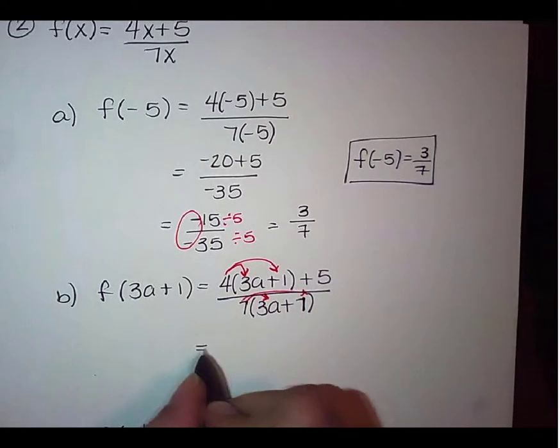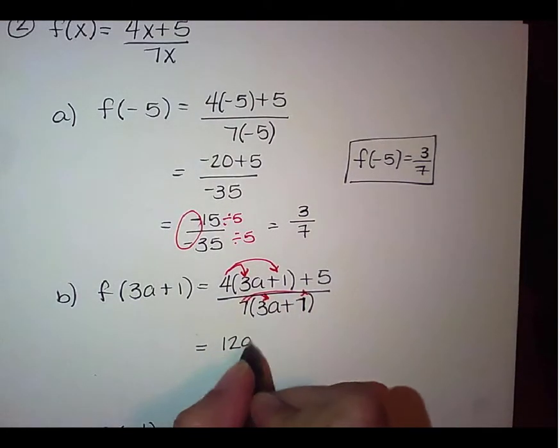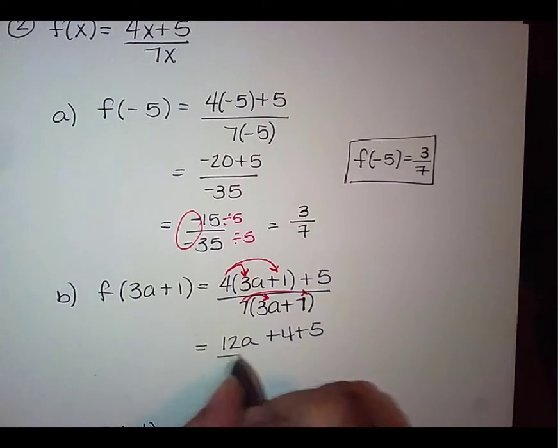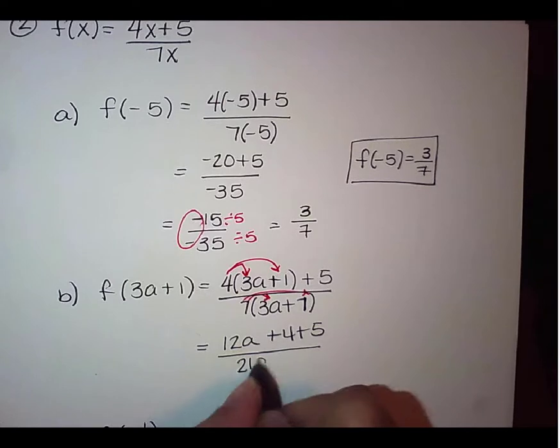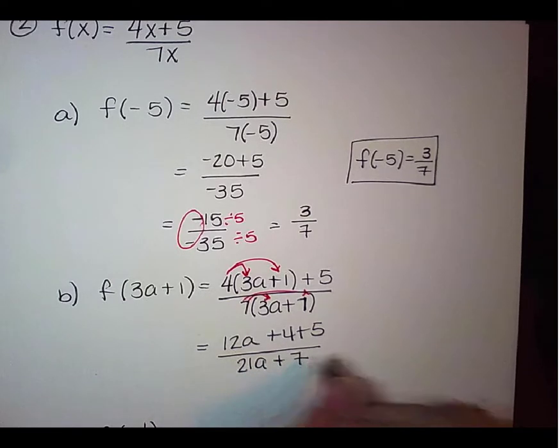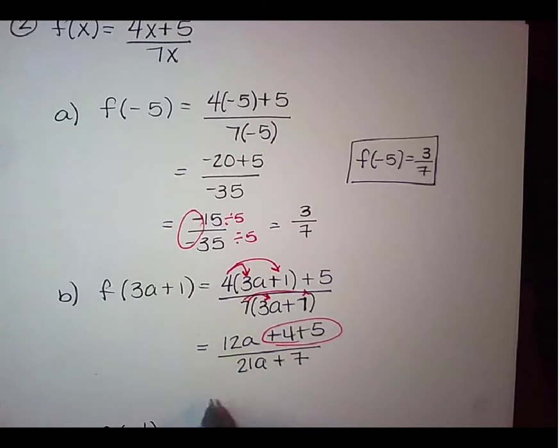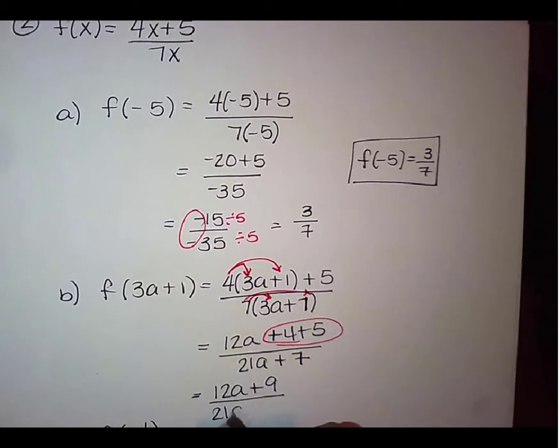So on the top, that's going to give us 12a plus 4 plus 5 over 21a plus 7. Again, on the top here, we can add the 4 and the 5 together. So that's going to give us 12a plus 9 over 21a plus 7.